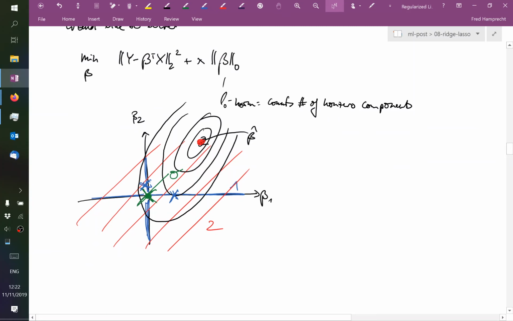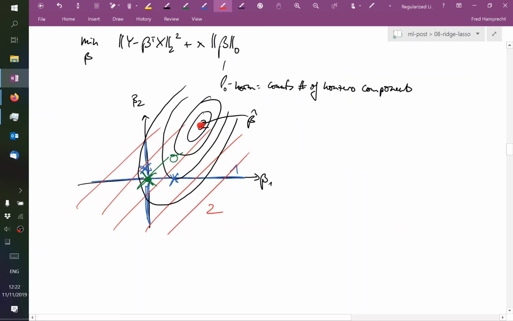And instead of the L0 norm, one could use the Lp norm. This p in the Lp norm has nothing to do with the p, the dimensionality of our problem.